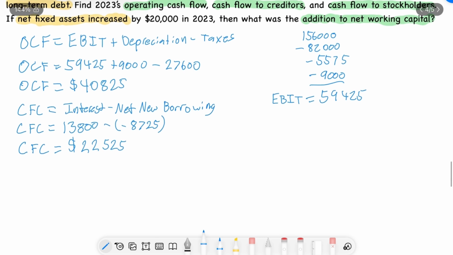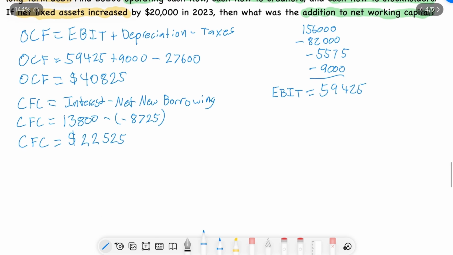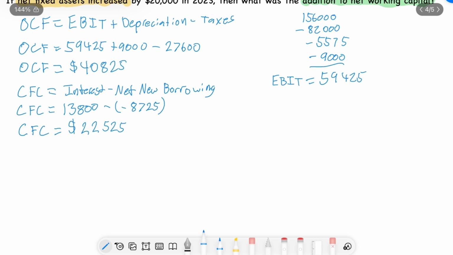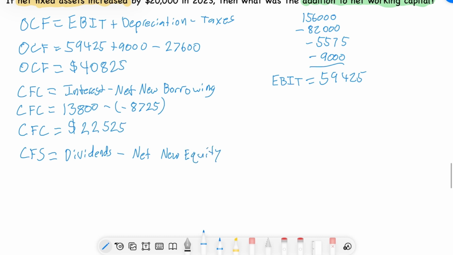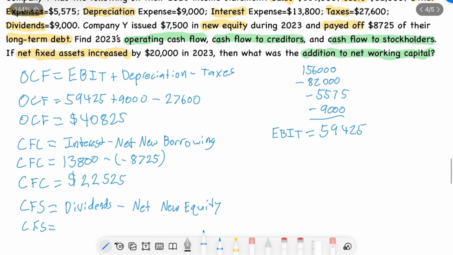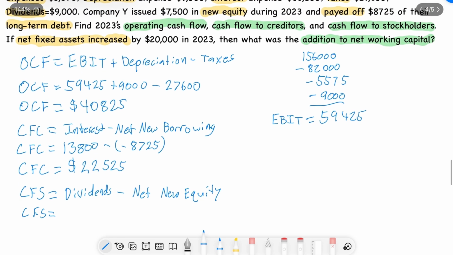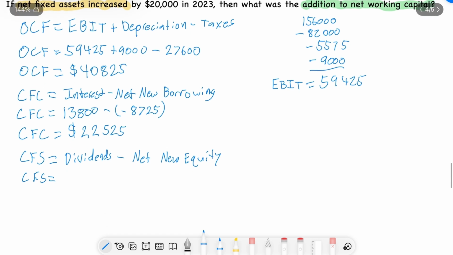All right, next let's look at the cash flow to stockholders. Another simple equation. We've got our cash flow to stockholders equals dividends minus net new equity. It says in the problem that we issued $7,500 in new equity and we paid $9,000 in dividends.